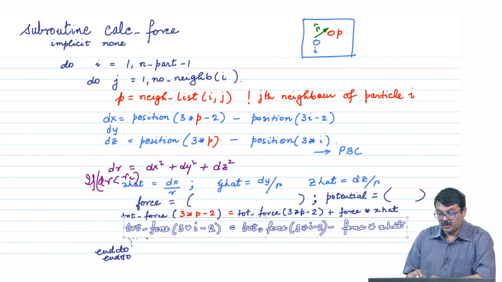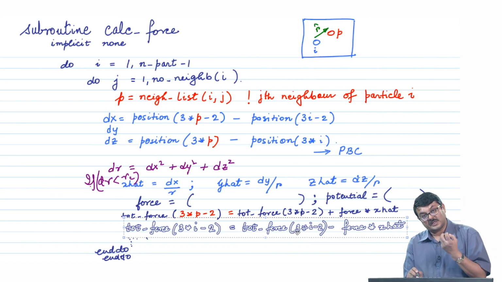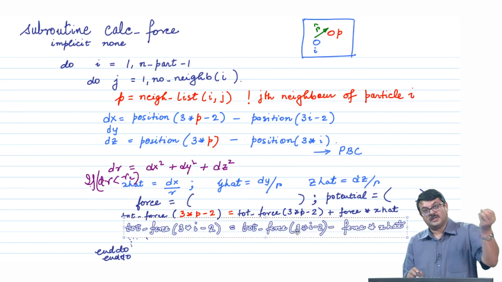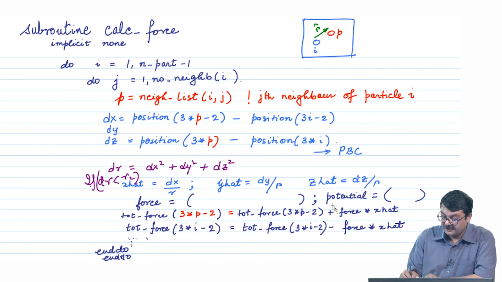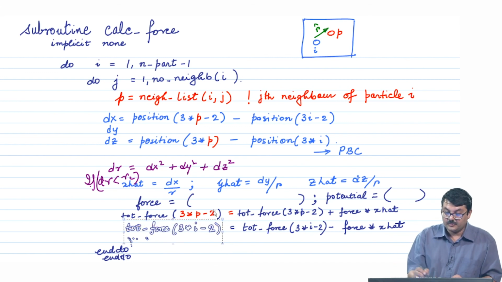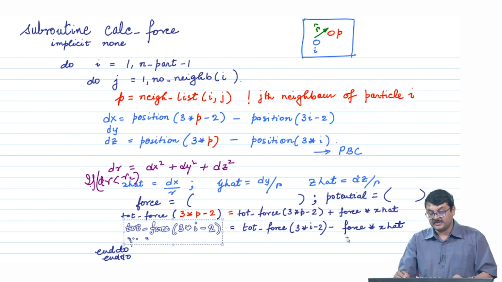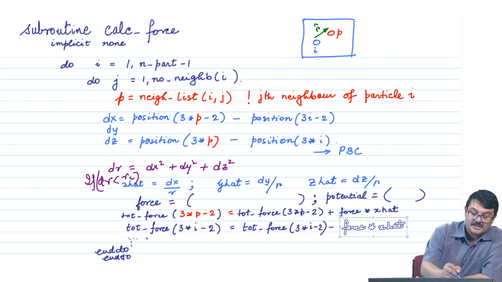So, you will write the force into 3 into I minus 2; the 3I minus 2 stores the forces acting on particle I due to other particles. Here it was plus, here it is minus, because they are equal and opposite. If the force acting on P is in one direction, now you are calculating the force acting on I, which will be in the opposite direction, minus force x hat, right, and that is all that is there to it.